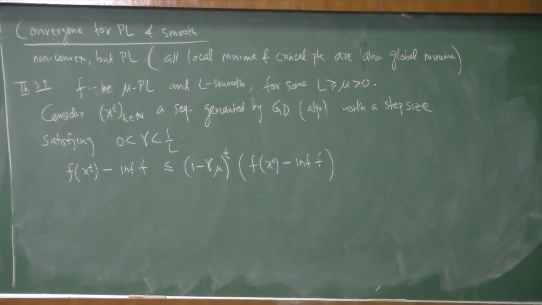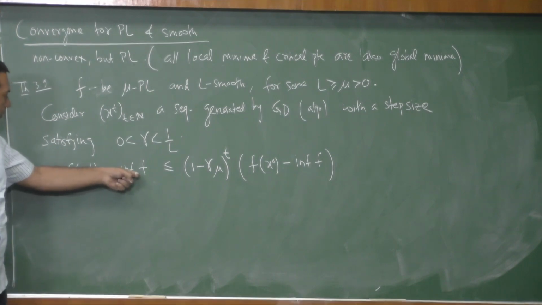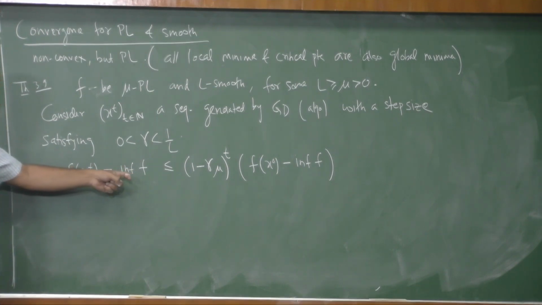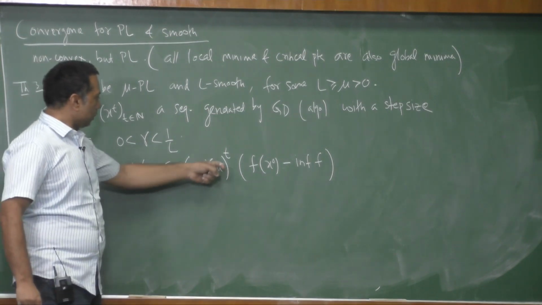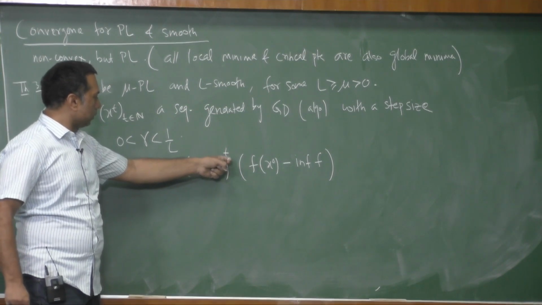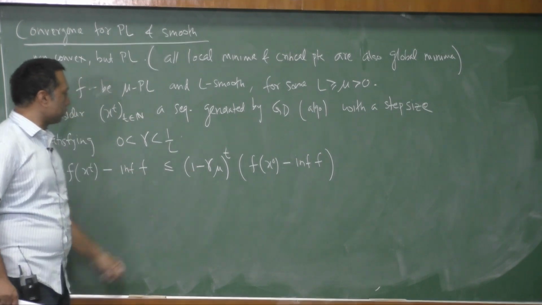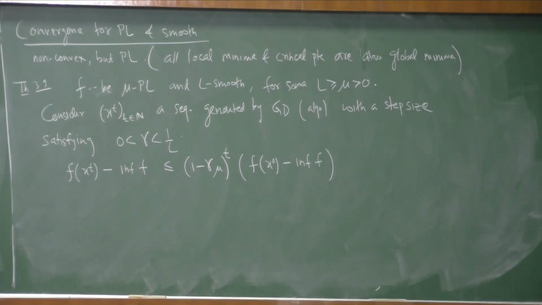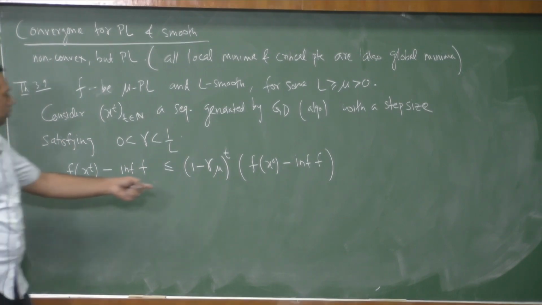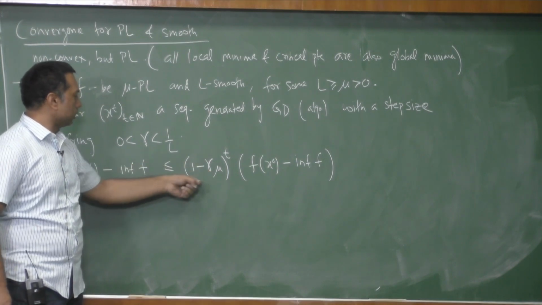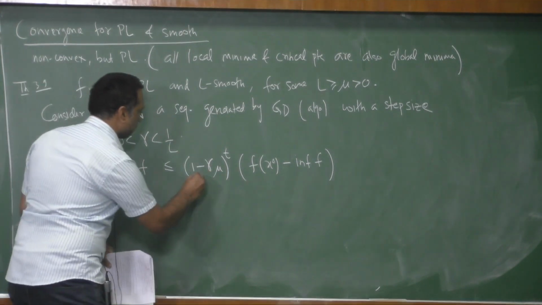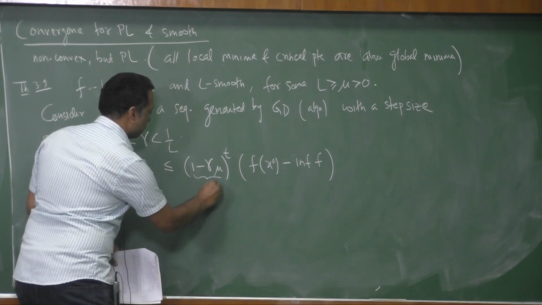Okay, so in this case, we are saying that the x_t that gradient descent is producing is such that its difference from the lowest value is decreasing as t is increasing. Because mu is less than L and gamma is less than 1 over L, gamma mu is less than 1, and greater than 0, so this quantity is between 0 and 1.